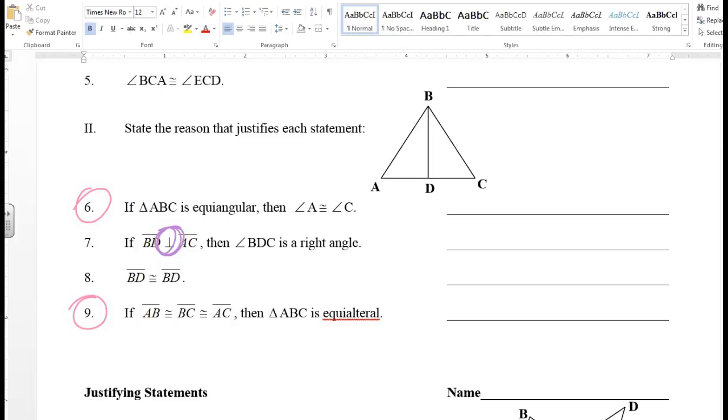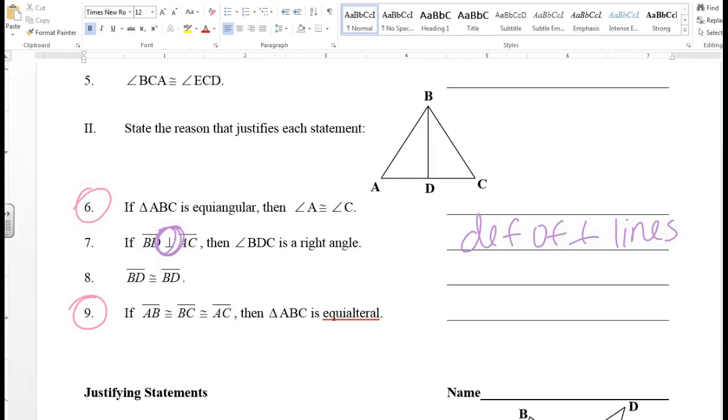What does it say? Let's see if it matches. Definition of perpendicular lines. If two lines are perpendicular, then they intersect at 90 degree angles. So it matches number 7 perfectly. So we're allowed to write it.